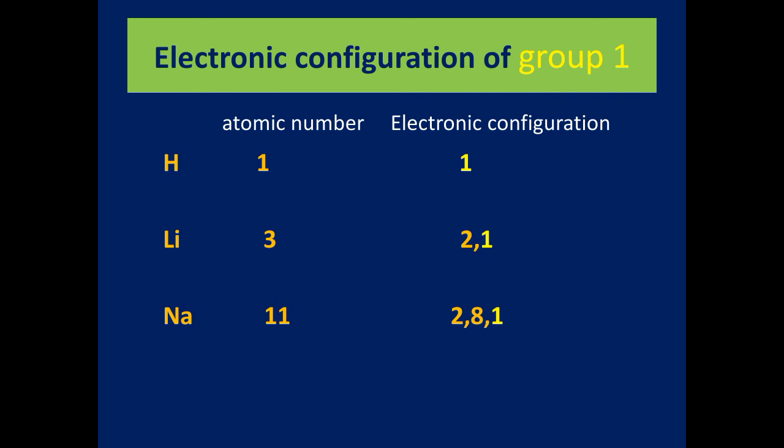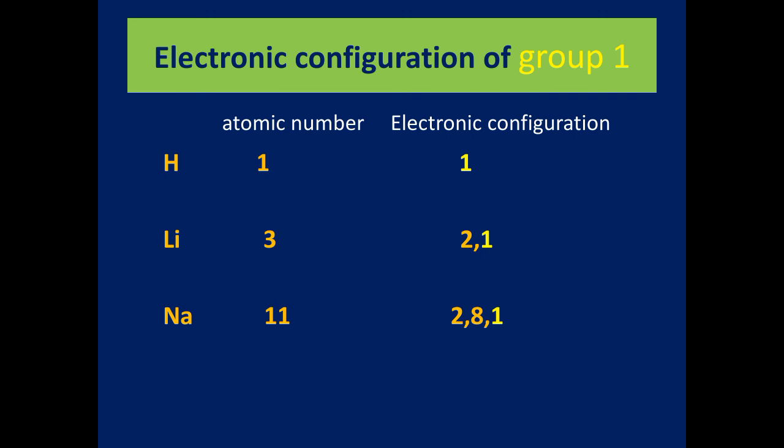That's called the valence electron. The valency of all these group 1 elements is 1. And the chemical properties depend on the number of valence electrons, which is the same for all these elements.